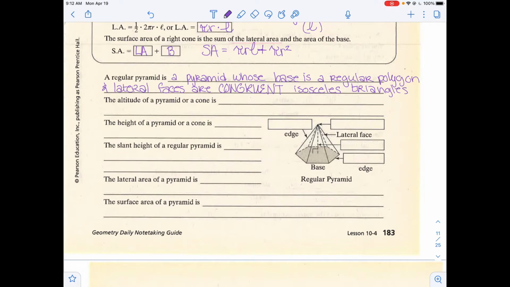Okay. Then the altitude of a pyramid or cone is the perpendicular segment from the vertex to the plane of the base.